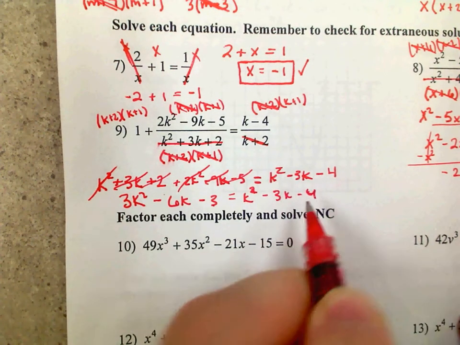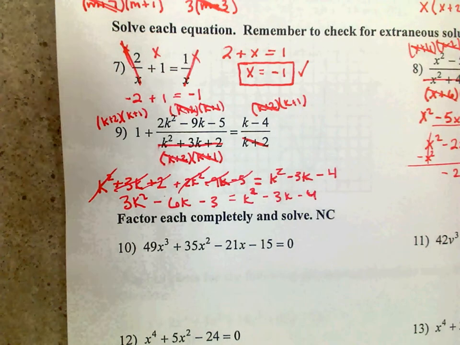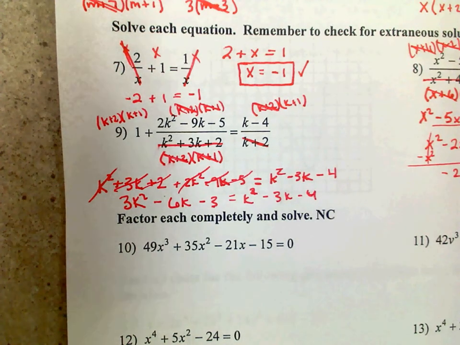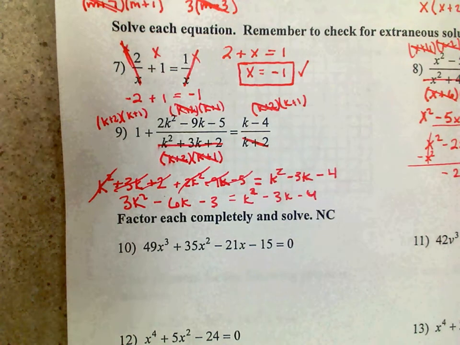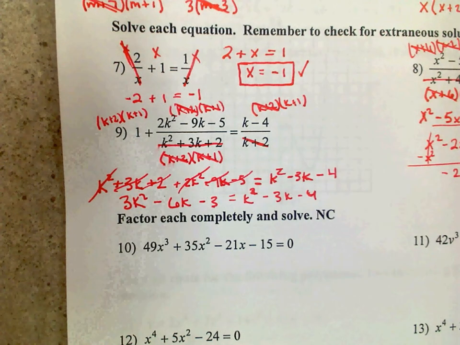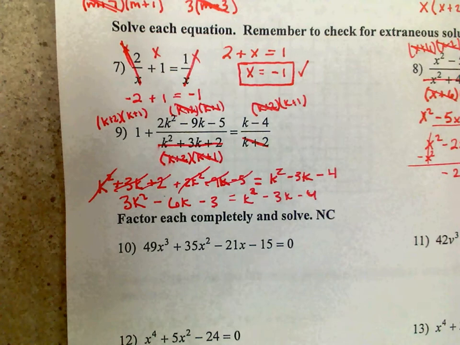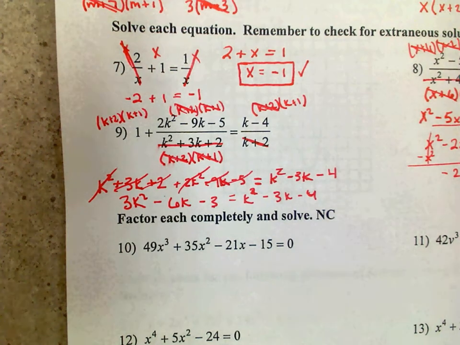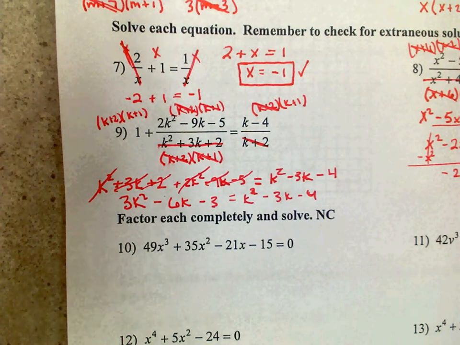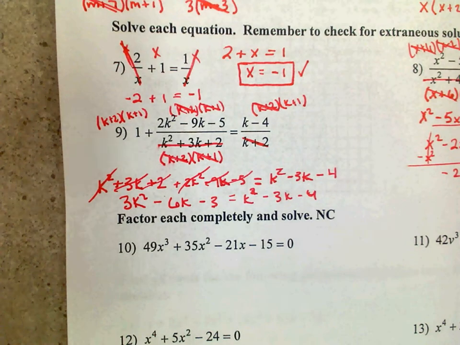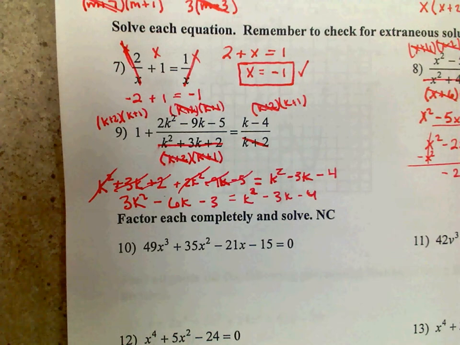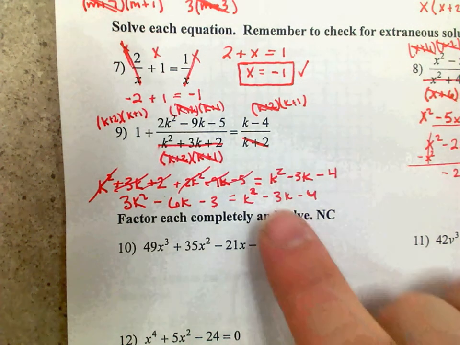So when you have quadratics and the squared terms won't cancel out, the best thing that you can do is get everything put on one side and then try to factor. If you can't factor, you can do the quadratic formula, some other method. So let's go ahead and subtract all of the terms over here on the right side to the left. And then we can factor or do the quadratic formula or something.